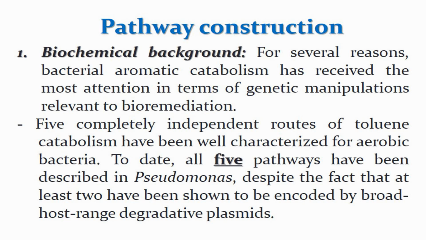We have five completely independent routes, or pathways, of toluene catabolism that have been well characterized for aerobic bacteria. To date the five pathways have been described in the bacteria Pseudomonas, and at least two have been shown to be encoded by broad host range degradative plasmids.